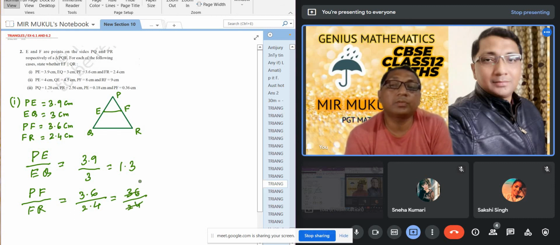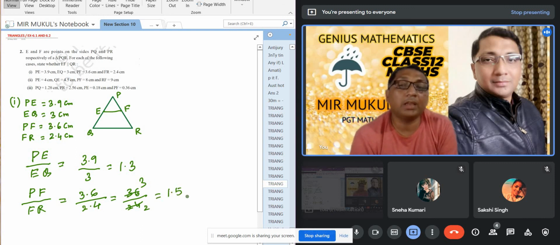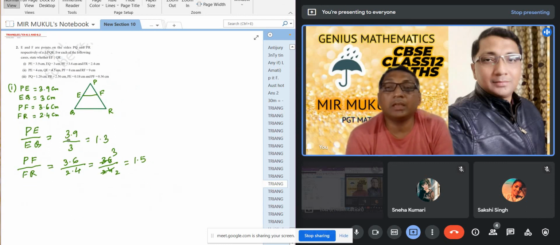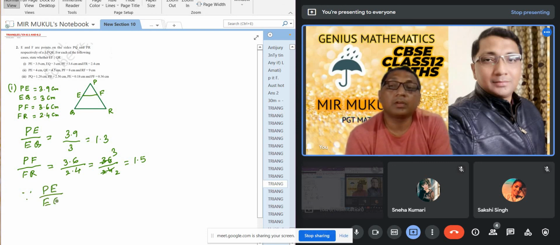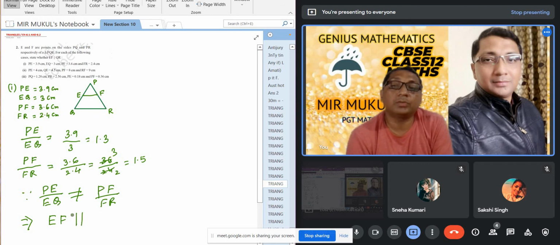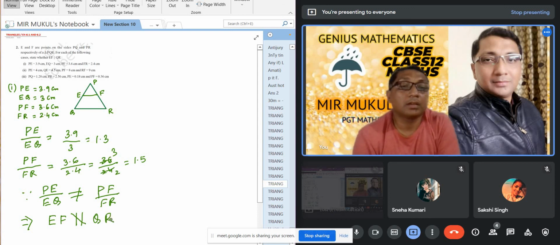We can cancel by 12. 12 threes, 12 twos. How much is this? 1.5. Now here 1.3 and here 1.5. So are these two ratios equal? No, sir. Since PE by EQ is not equal to PF by FR, we can say that EF is not parallel to QR. So understood?